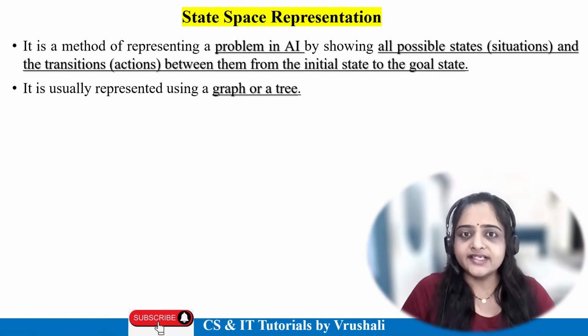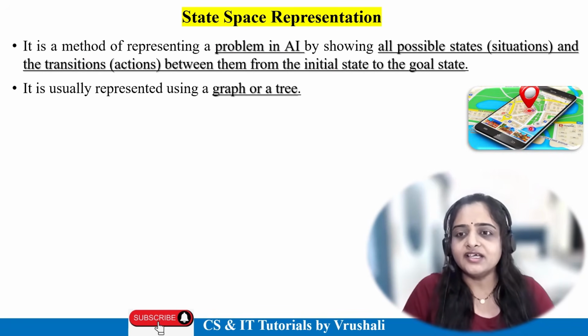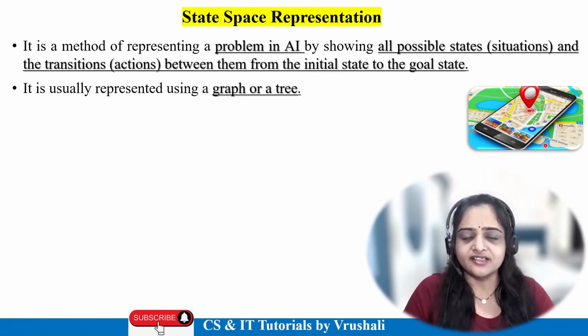Now, what exactly is state space representation? This is a kind of method which represents the problem in AI. For example, in the Google Map application, you want to go from initial state to goal state, like source to destination.